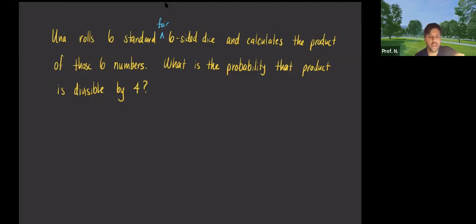Then we calculate the product of those 6 numbers that appear when you roll. The question is, what's the probability that the product of those 6 numbers is divisible by 4? And to you, I ask, how do we begin?